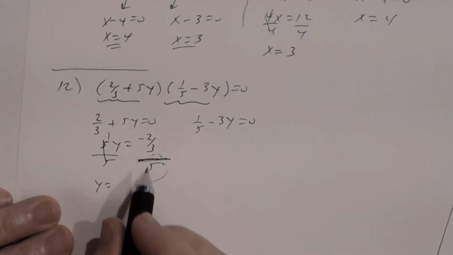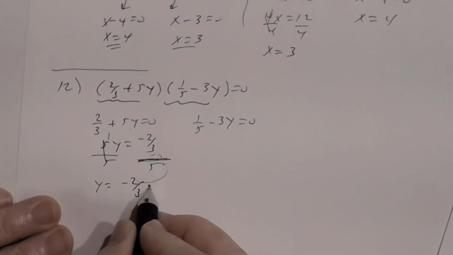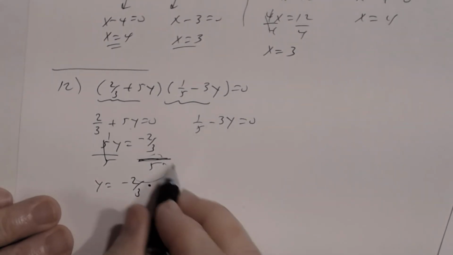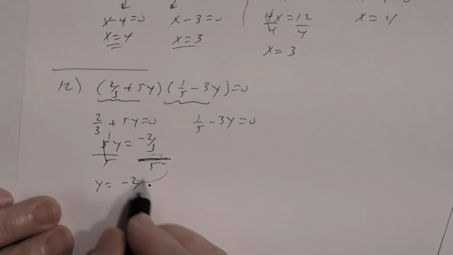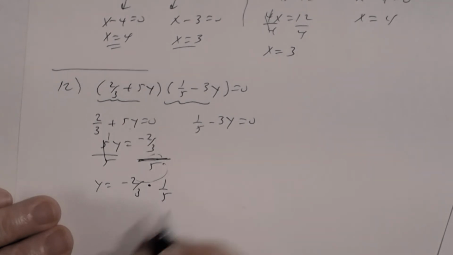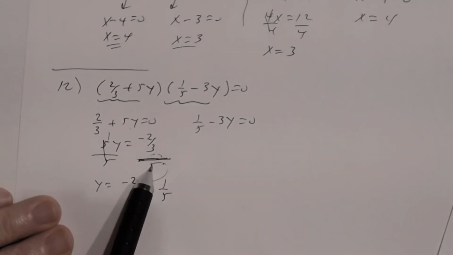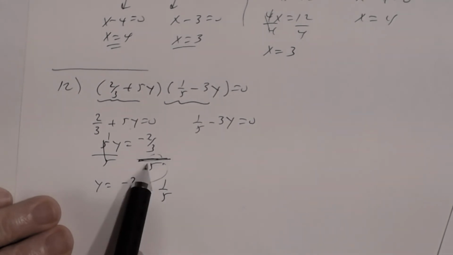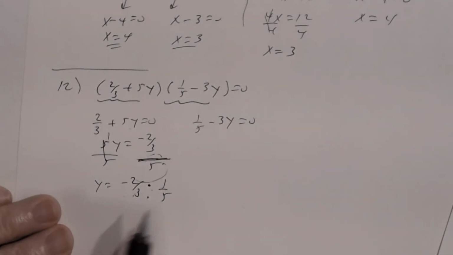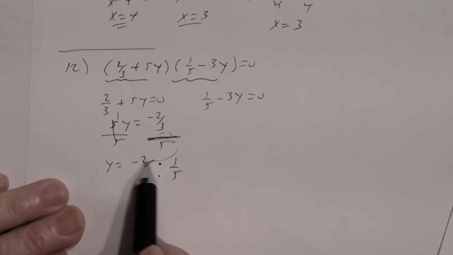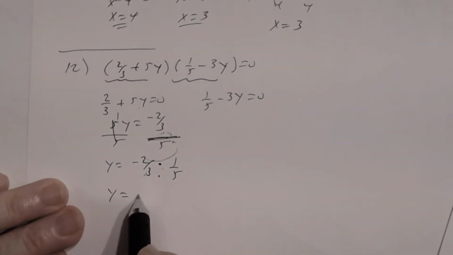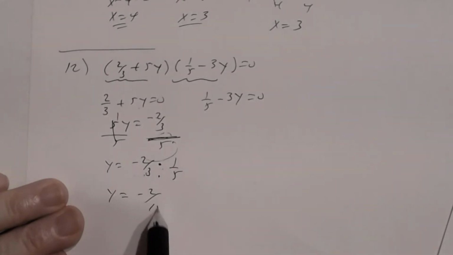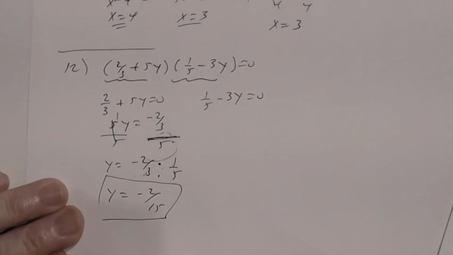So you take the numerator, which is negative 2/3, times the reciprocal of the denominator. The reciprocal of 5 is 1/5. So this division becomes this multiplication. Now if I multiply this out, negative 2 times 1 is a negative 2, and 3 times 5 is 15. And so there's one of your solutions.